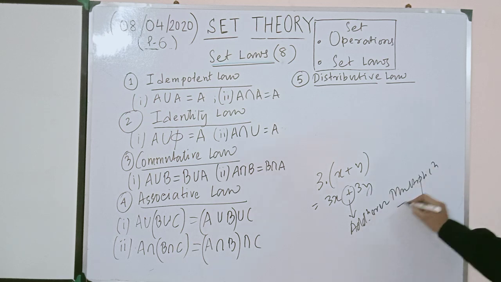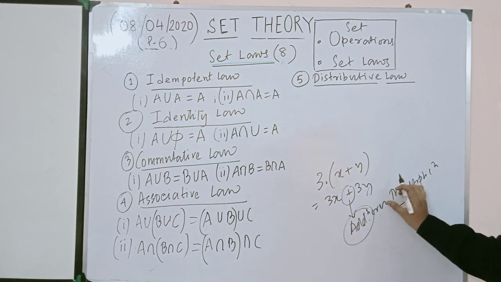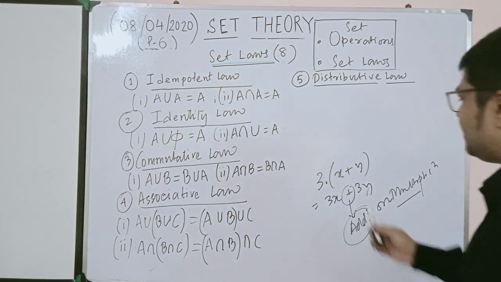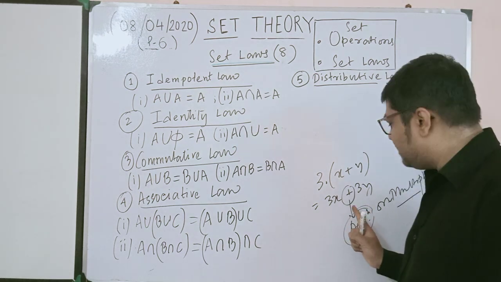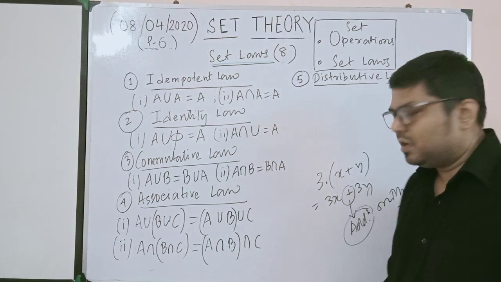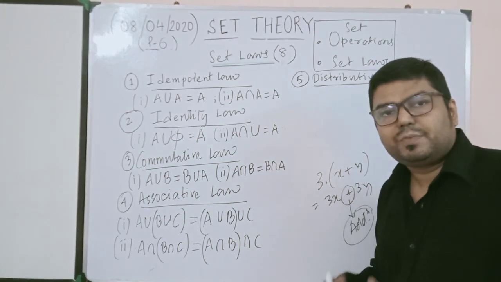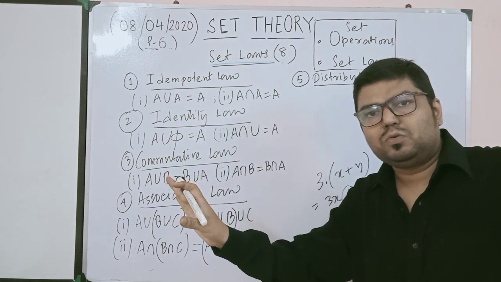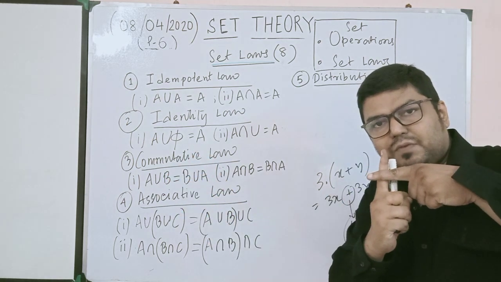Okay, we distribute this addition sign over or on multiplication. This is very important. Look at it. You have to understand that which sign is getting distributed. Look at it, plus. So who is distributing? Plus is distributing. What it is distributing? It is distributing multiplication. So that means multiplications are separated on two sides with the help of plus in between.